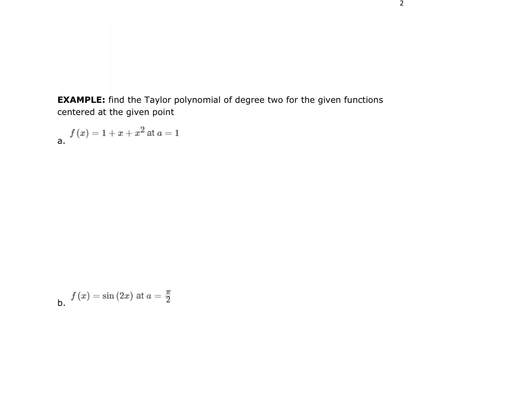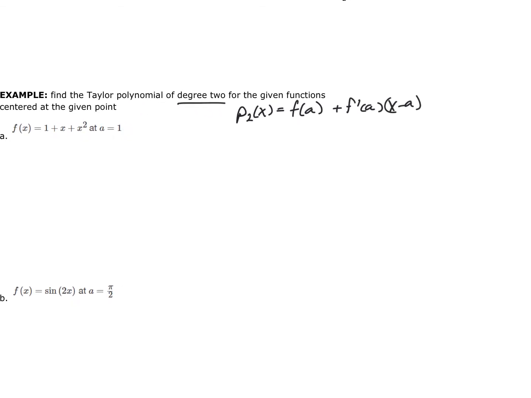Now, we're asked to find the Taylor polynomial of degree 2 for the given function centered at the given point. So here's our function, and here's where we're centered. We're centered at x equals a. Because I want a degree 2, for each one of these, p of 2 of x is going to be equal to f of a plus f prime of a, x minus a, plus f double prime of a, x minus a, the quantity squared, all over 2 factorial.